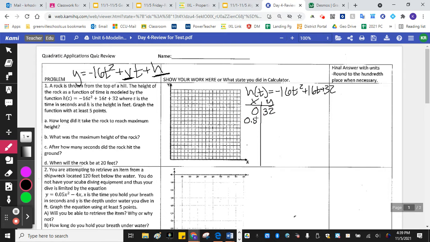My vertex was at 0.5, 36. 1 was 32. I need 5 points, so there's 3, and then I know 2, 0, so I'm going to do 1.5 as well. Since I'm only going to do 2, I'm going to count by 0.25, so this would be 0.5, skip 1, 1, skip 1, 1.5, skip 1, 2.